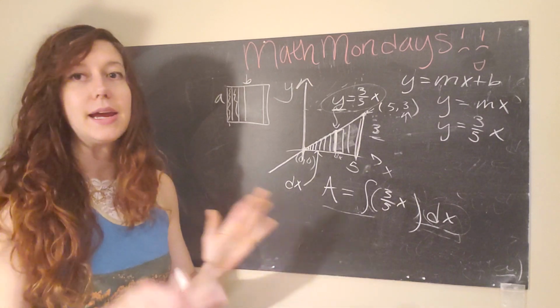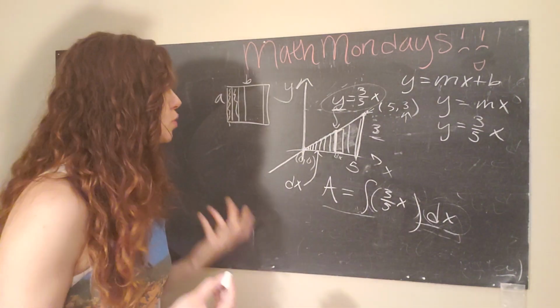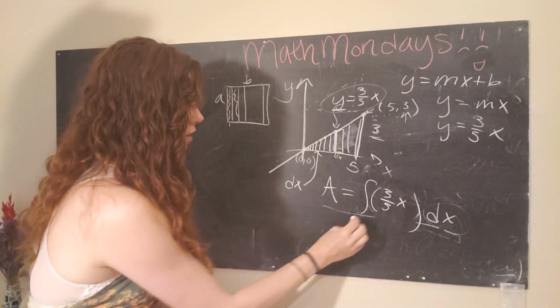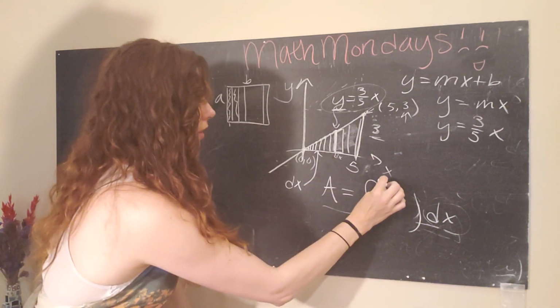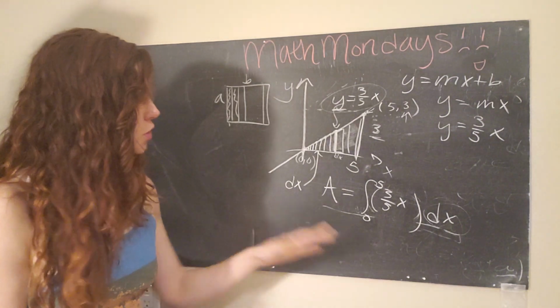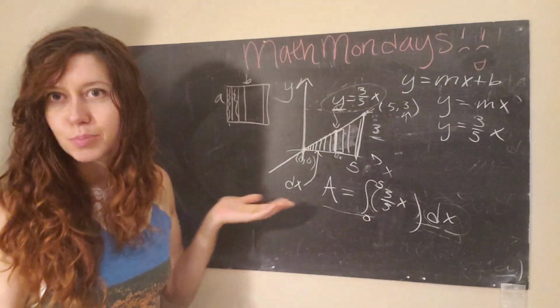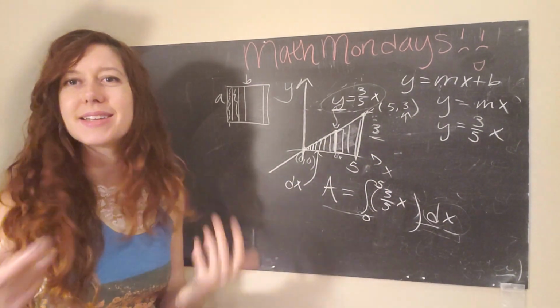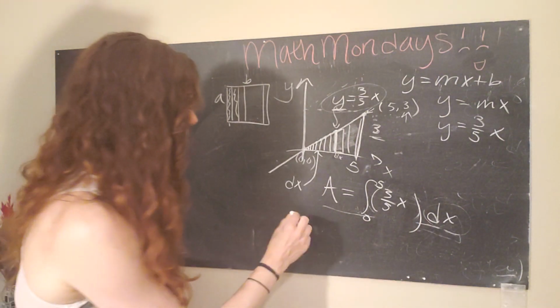And since we have a bounded curve, which means that we have a starting point of 0 and an ending point of 5, we put the start and end point on our integral so that we know where to go. Pretty straightforward. It's kind of like that summation sign that we've talked about before.